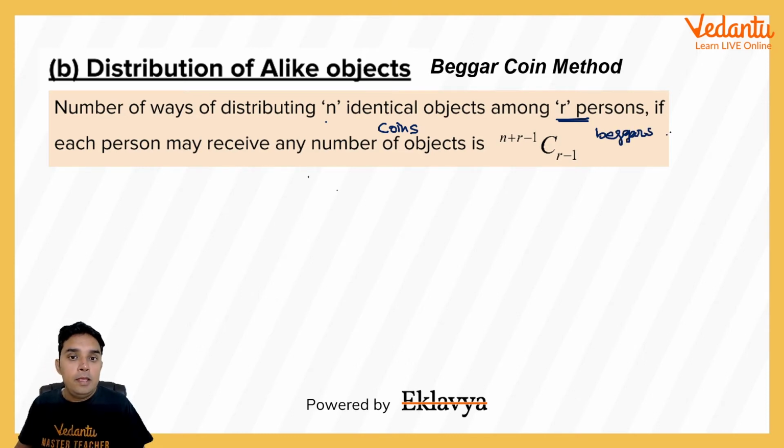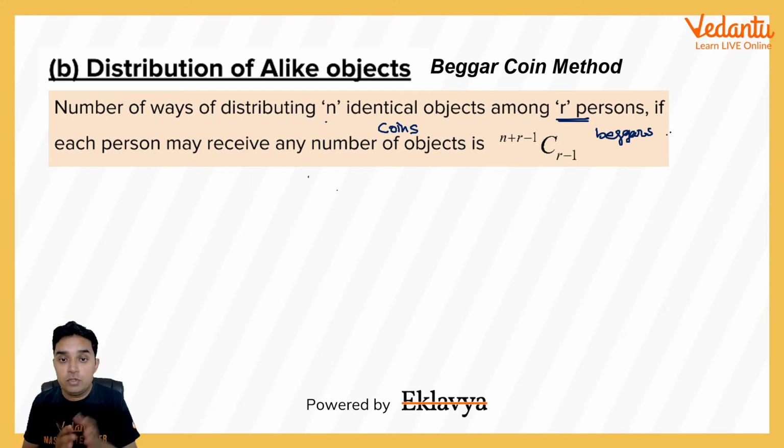And if I have n coins and I have to distribute them among R beggars, a beggar cannot force you to give one of them or two of them, or maybe at least 3 coins or at least 4 coins. It is all up to you whom you want to give and whom you do not want to give. So that is how beggar coin is a very appropriate name.